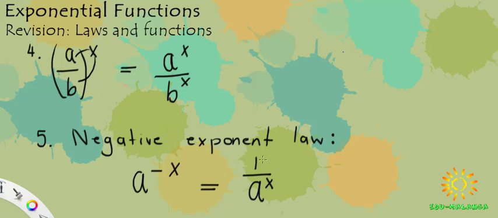So by changing it from being a numerator and putting 1 over, you lose the negative, it becomes positive. And this is also true in the reverse case. If you have 1 over a to the power negative x, that's equal to a to the power of x.